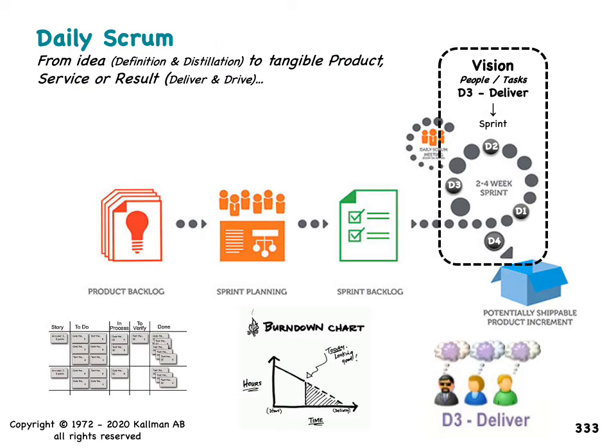Once you've distilled agreement during the sprint planning and creating the sprint backlog, then it's time to deliver. And even within the sprint, you'll notice that you have the 4D model in play during the sprint itself, where you can have define, distill, deliver, and drive. Because even during the sprint, the team can be working on their product backlog items and suddenly they go, oh, we forgot something.